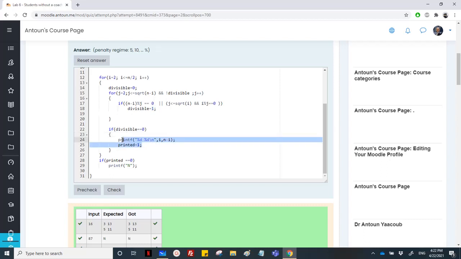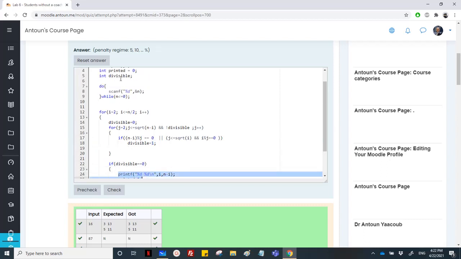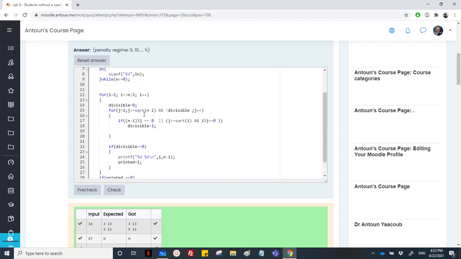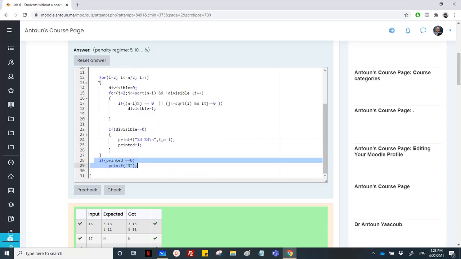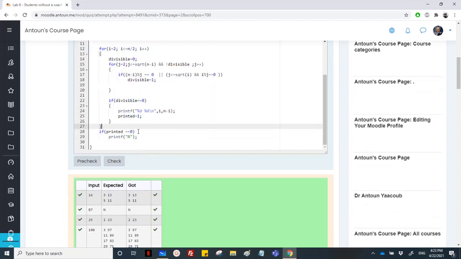At first it's lowered because I don't have any pairs to print, and whenever I print a pair I will raise my flag, and when I finish the loop, if no pairs were printed I will print n.